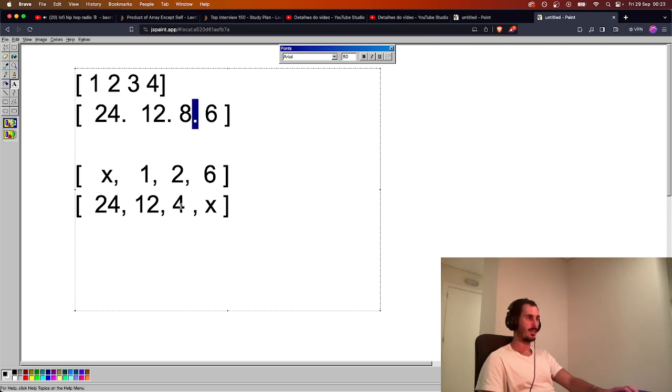Then it's 8, which is 4 times 2, and then we have 6. So if we replace both x's with ones, we can see that the final result is this times this, this times this, this times this, this times this. So it is 24 times 1, 12 times 1, 8, and 6.